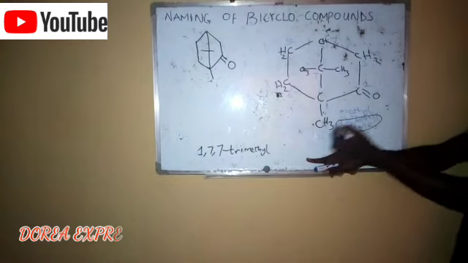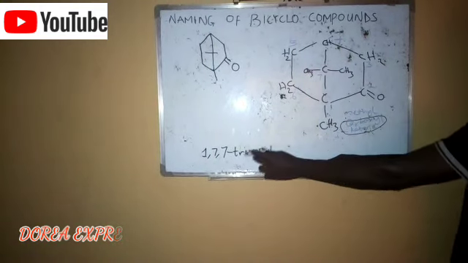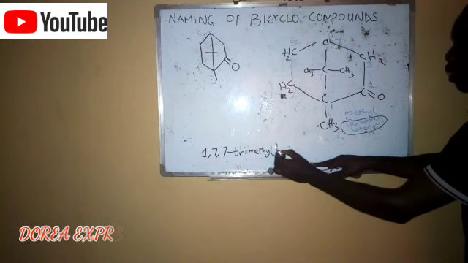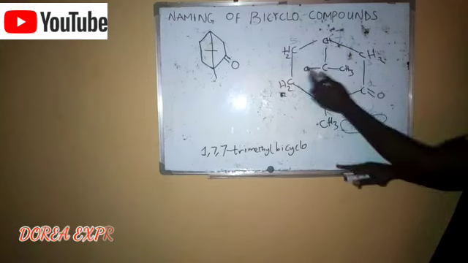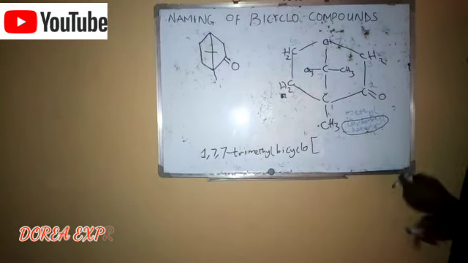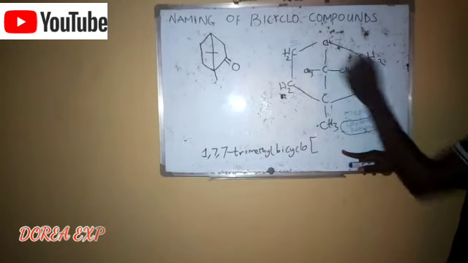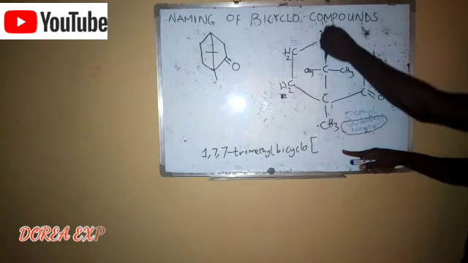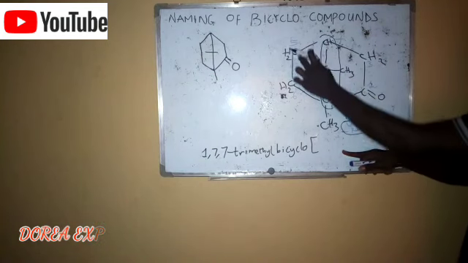We have the methyl group at carbon 1, carbon 7, and carbon 7. 1, 7, 7 trimethyl bicyclo. Remember, we put bicyclo because it has 2 cyclic structures. So bicyclo, this is 1, 2. Remember, we don't count the head bridge in this case. We ignore this place. So this is 2.